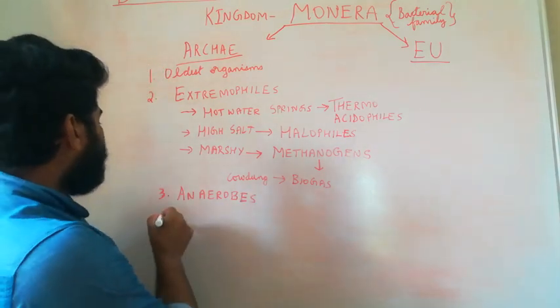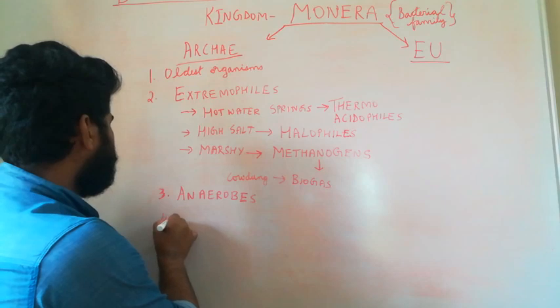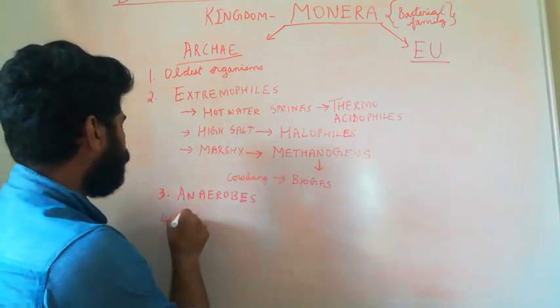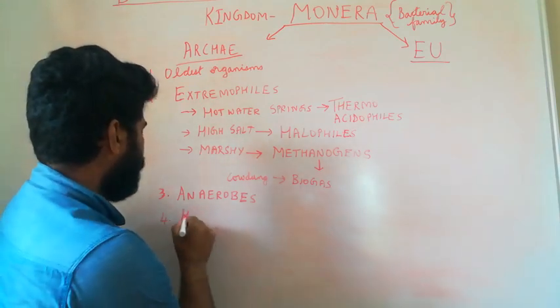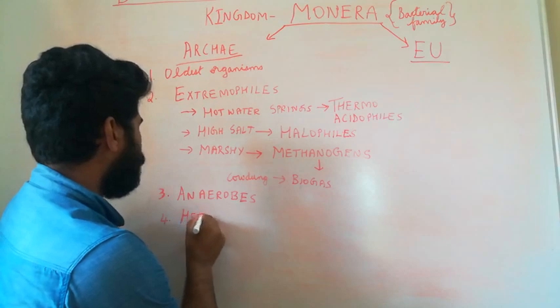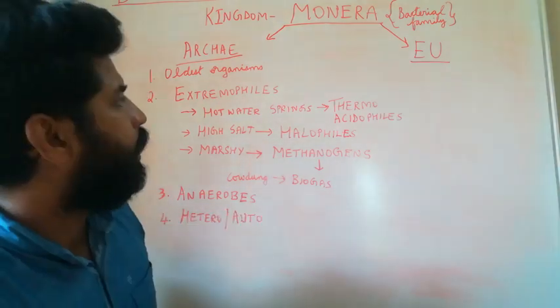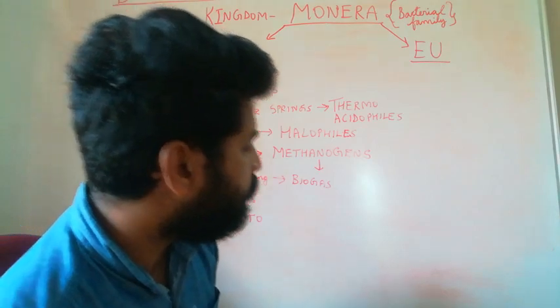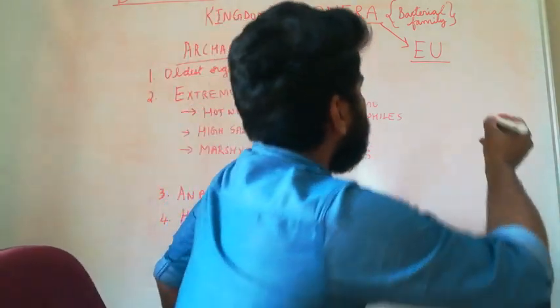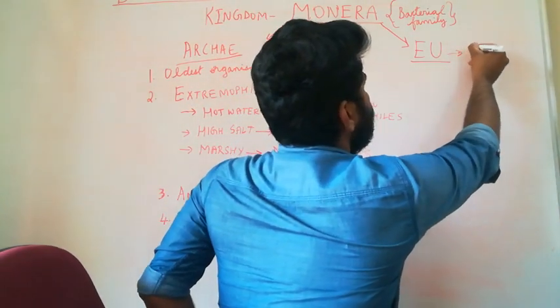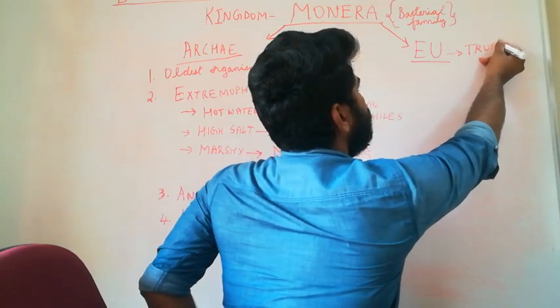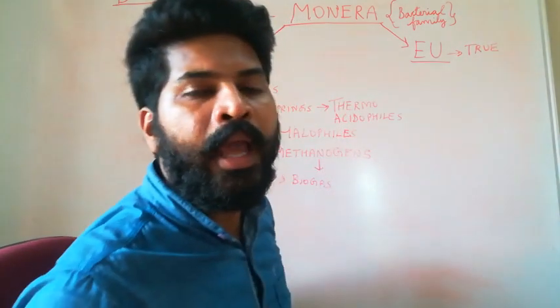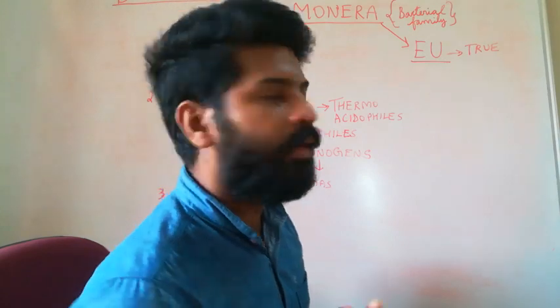And archaebacteria, they are heterotrophic as well as autotrophs, both. Coming to eubacteria. Eubacteria, the word eu refers to true bacteria, in the sense that they have a peptidoglycan covering.